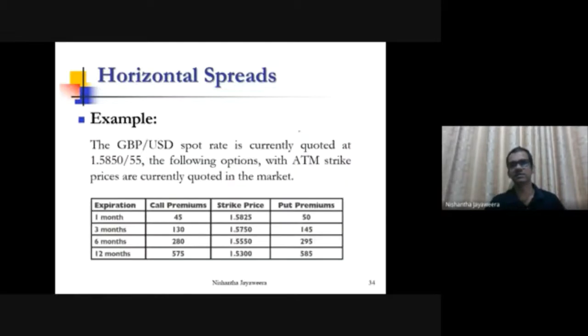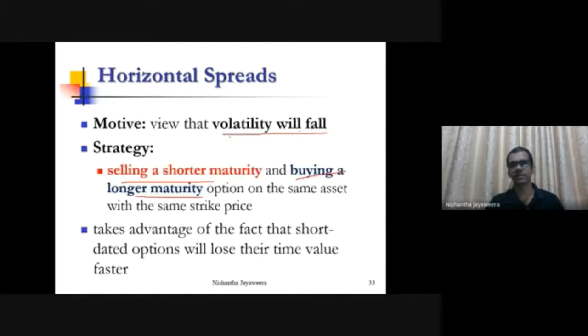Simply, this is the case. If you expect volatility to go down, then we expect premium of a short-term option goes down than the longer maturity one.